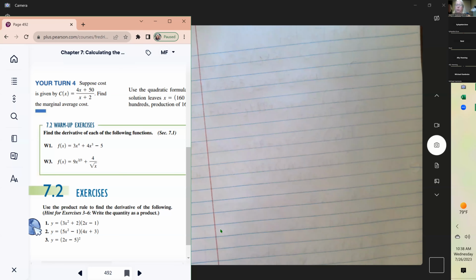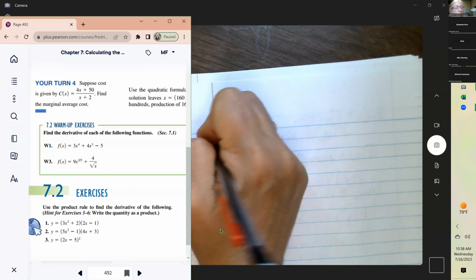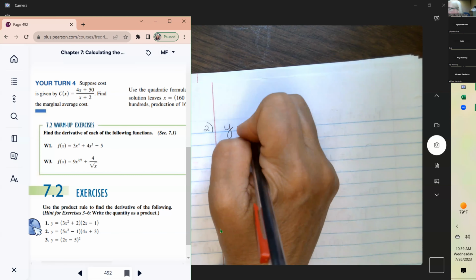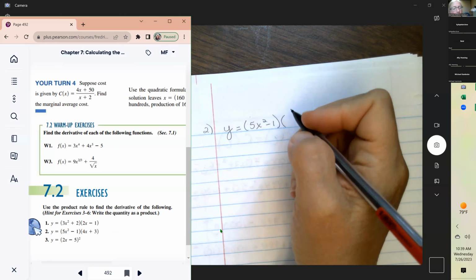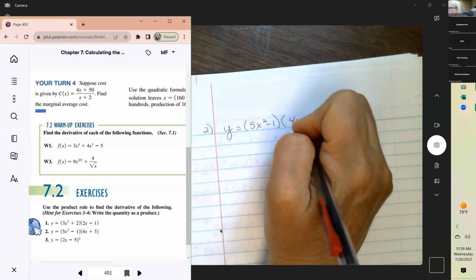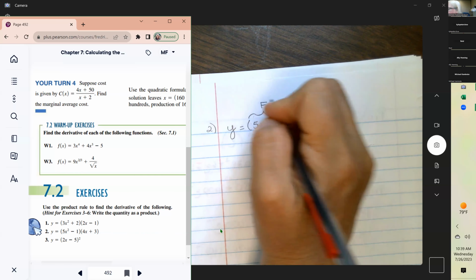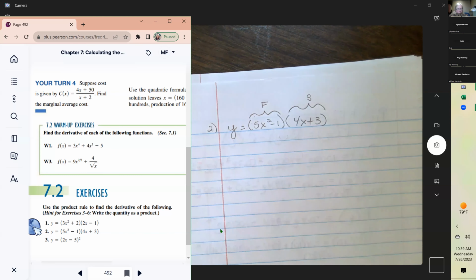Let's try number 2. So anytime you have parts multiplied together, quantities, you can use this.